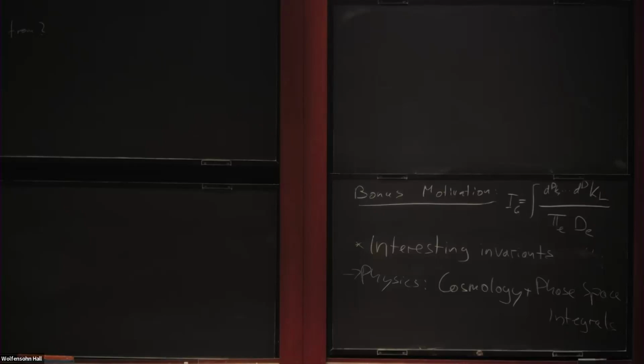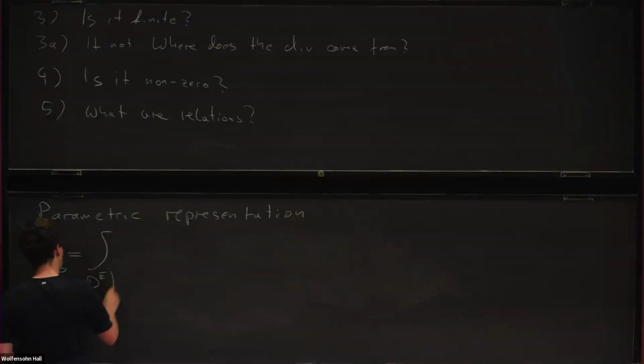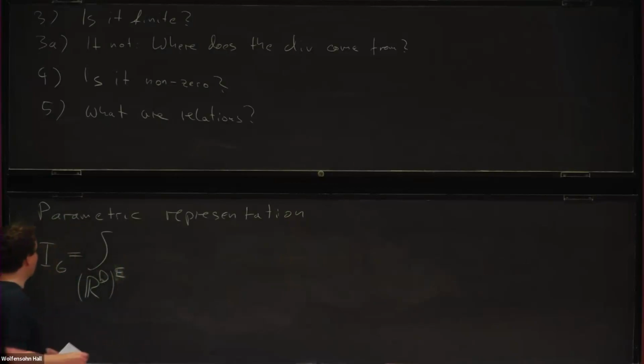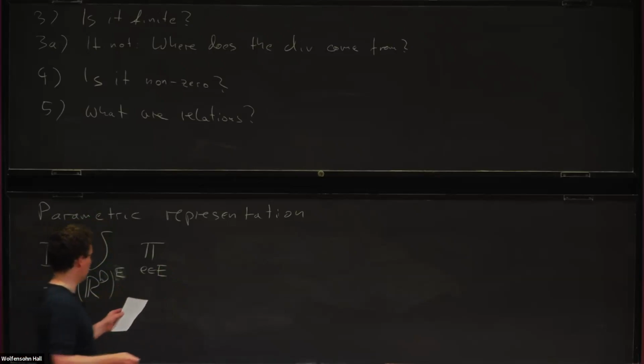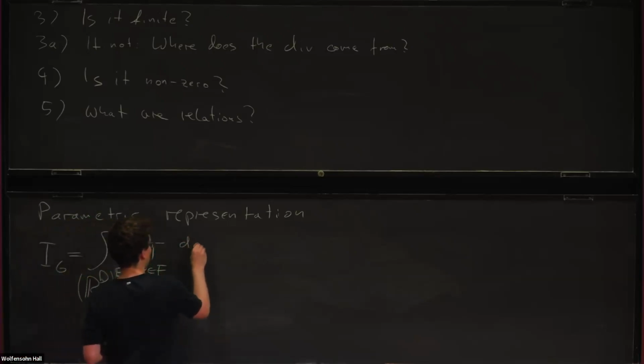So here's a general form of these Feynman integrals, which is convenient to perform this change of coordinates, let's say, but it's not really a change of coordinates. We have one d-dimensional integral for each edge of some graph, and somehow normalized.